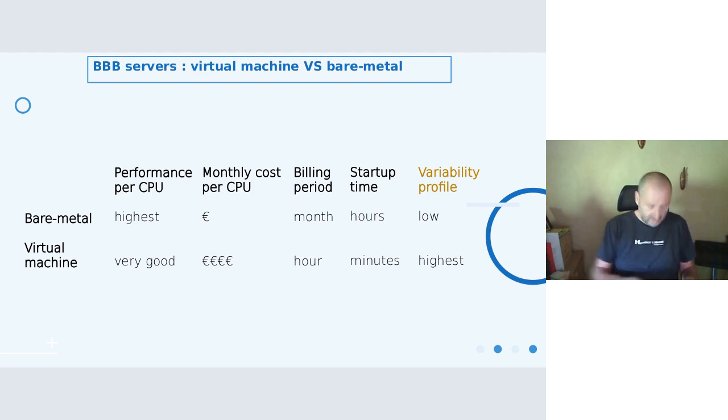The answers are bare metal, virtual machine, and the last one will be I have no idea. Okay, please answer this tiny poll.